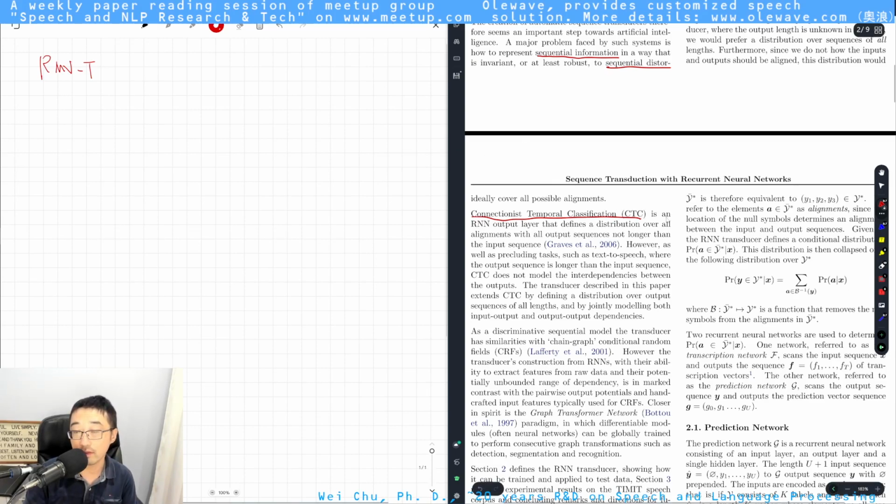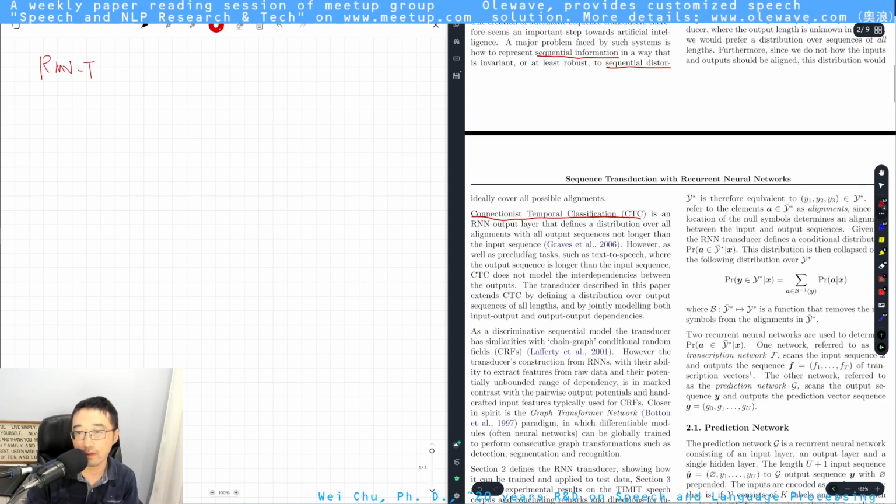In his definition, and he's also the author of CTC, which was published about 16 years ago, or 6 years before he published this RNN-T paper, he called it an RNN output layer that defines a distribution over all alignments with all output sequences not longer than the input sequence.